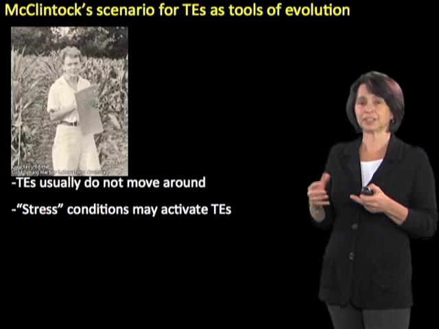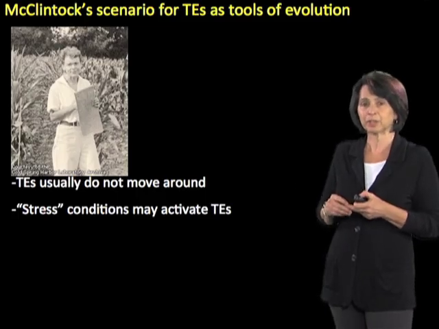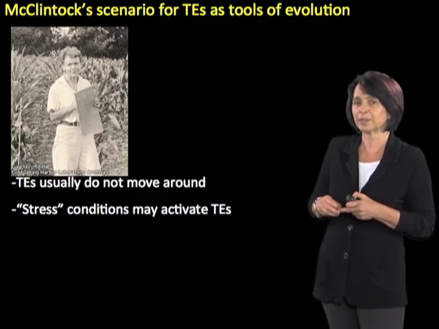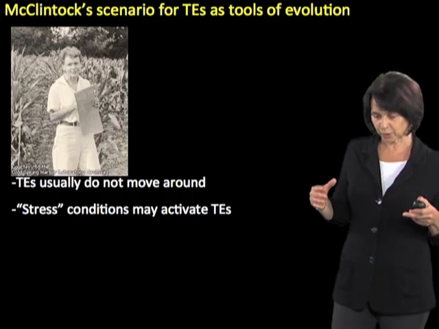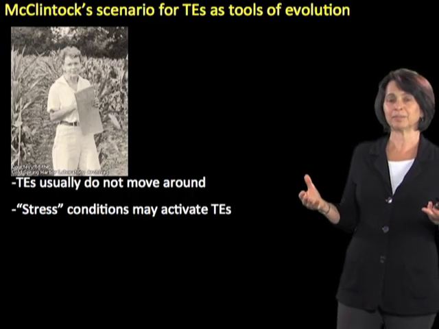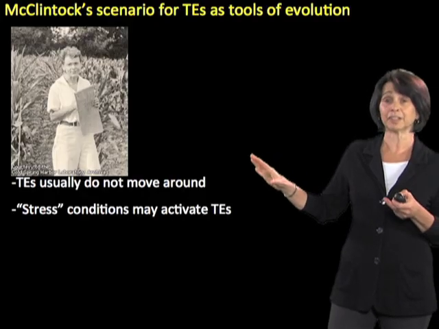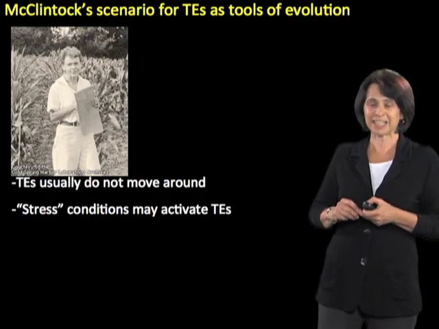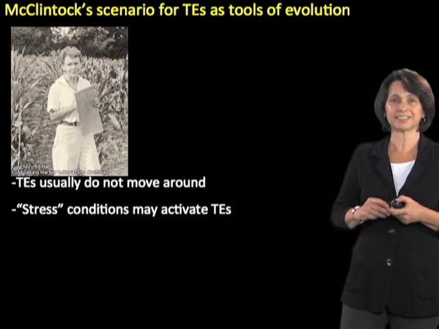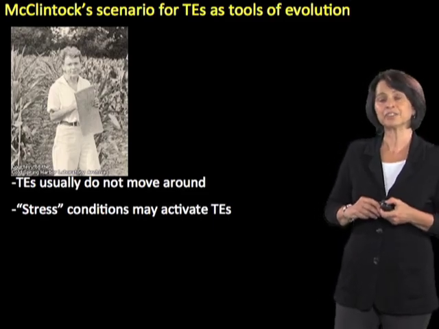Stress conditions may activate transposable elements. Now, when I say stress conditions, I'm not talking about driving in rush hour traffic. I'm talking more about climate change. That might be one thing. This is a scenario. This is not proven by any means. This was her idea 20 and 30 years ago.